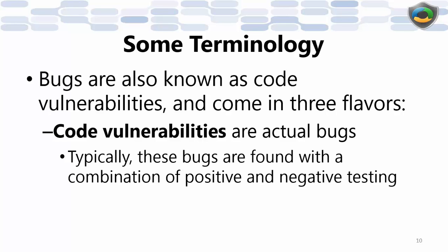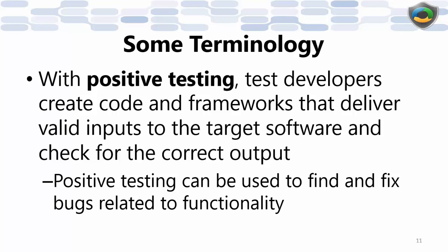Then you've got code vulnerabilities, which are actually errors in the code. These are found by humans and by tools during a combination of both positive and negative testing. With positive testing, you're putting valid inputs into the software to make sure that it reacts correctly.